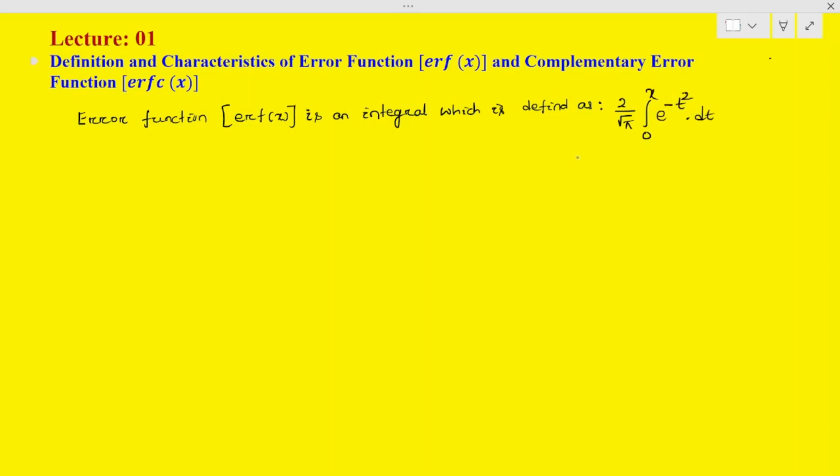Here you have to remember x and t both are dummy symbols. For error function of u, the integration will be from 0 to u, and t can be written as y itself, e to the minus y square dy.